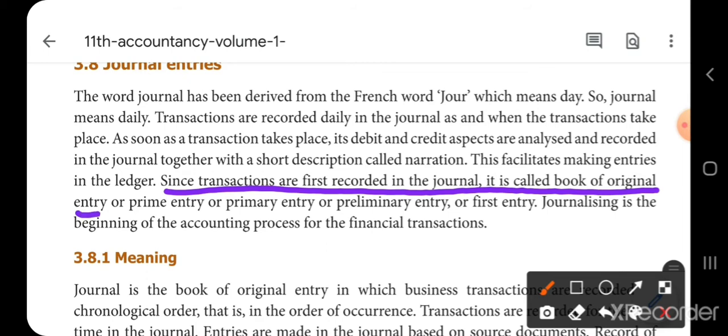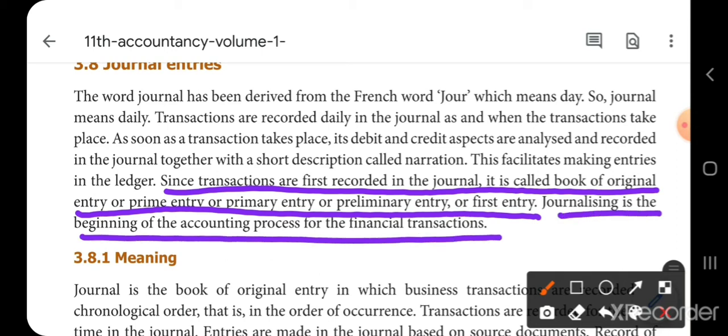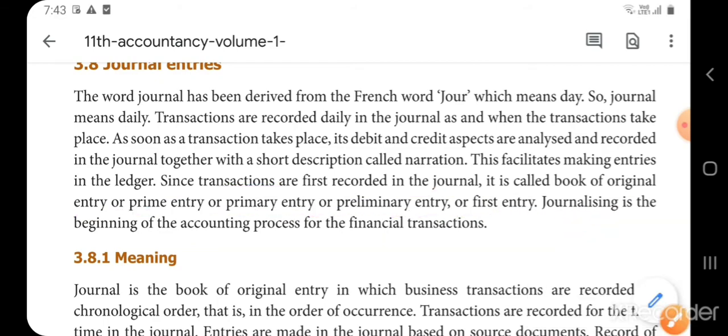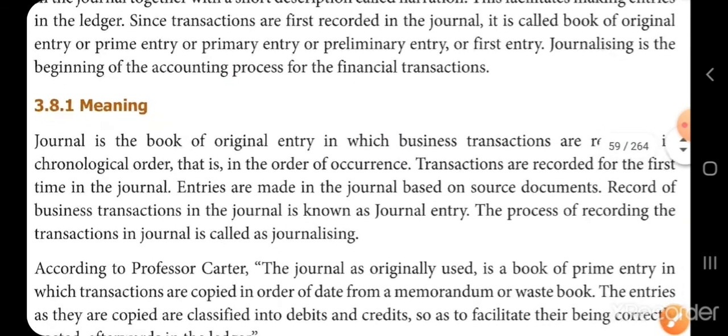They may ask anyway. Journalizing is the beginning of the accounting process for financial transaction. 1 mark question.